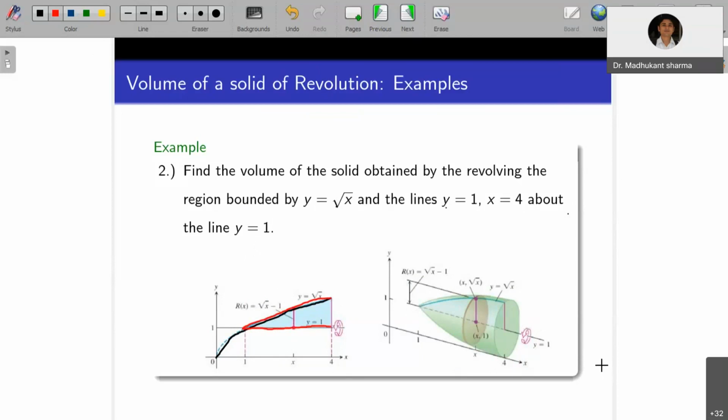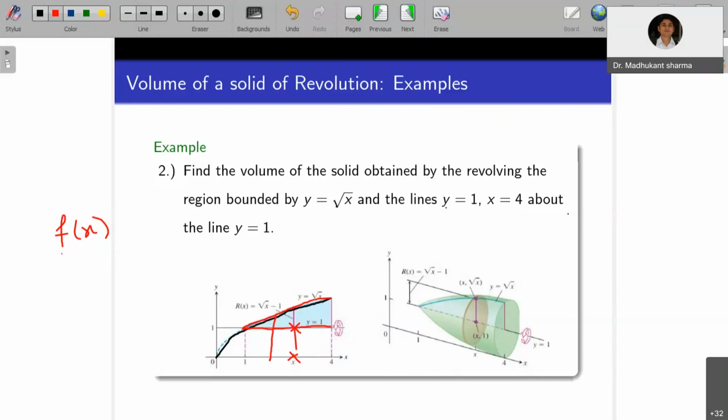Now you are going to apply the similar method, Riemann approximation and all. See what is required: you require the height. But f of x was denoting the height at any point from the x-axis. Now you have to look from here. You know this is the y equals 1 height, and this is y equals f of x.